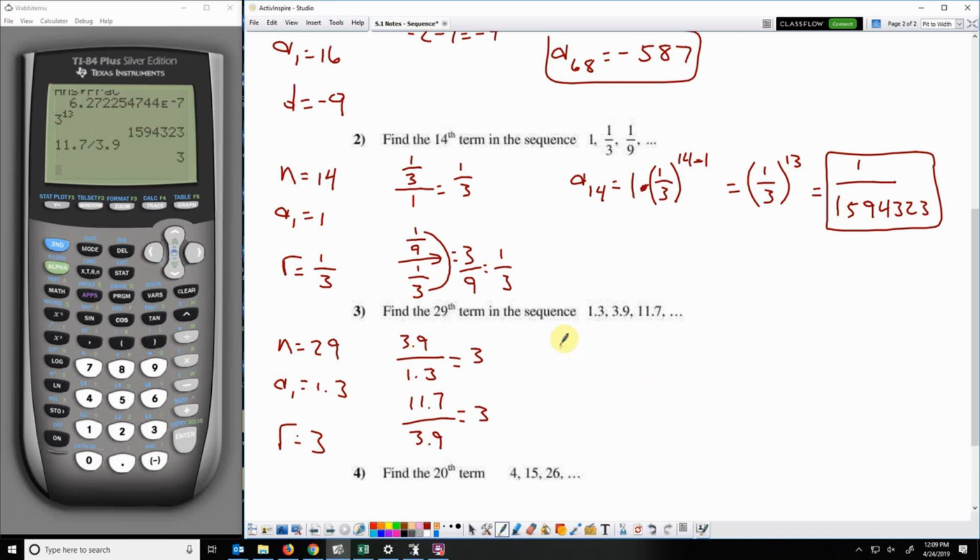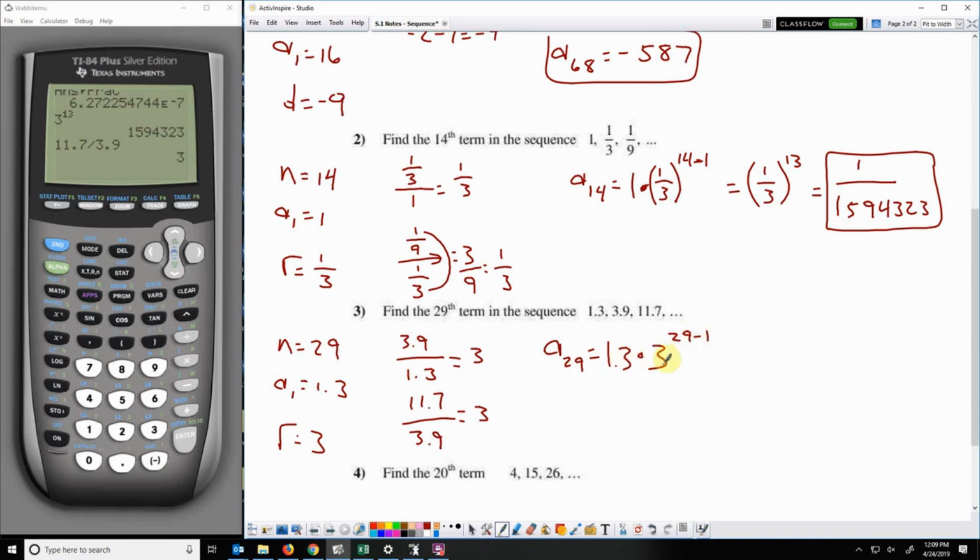Okay, so the 29th term would be a sub 1, so that's 1.3, times the common ratio, 3, to the n minus 1 power, 29 minus 1 power. The only simplifying I can do here is this subtraction is going to give me 28.